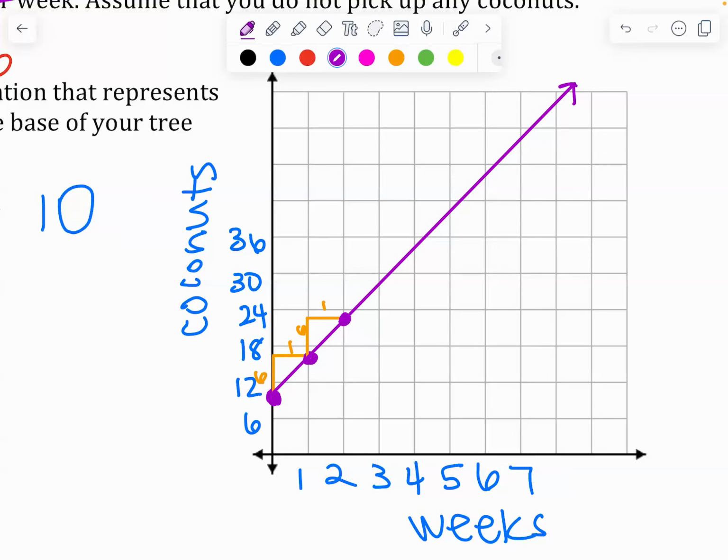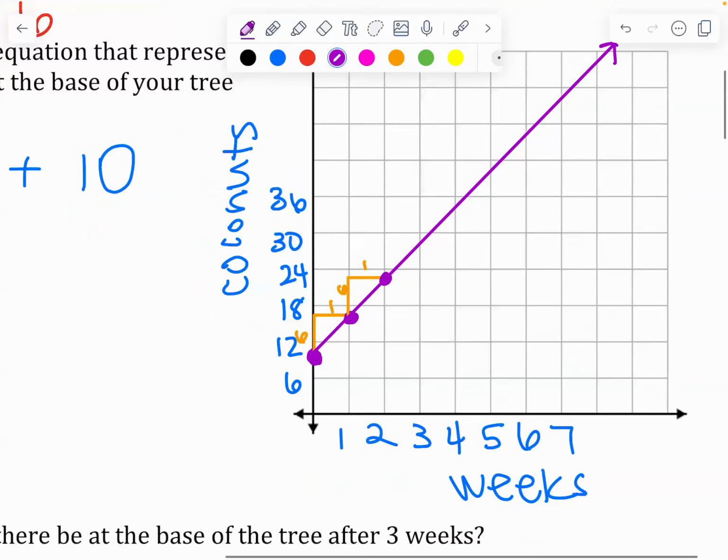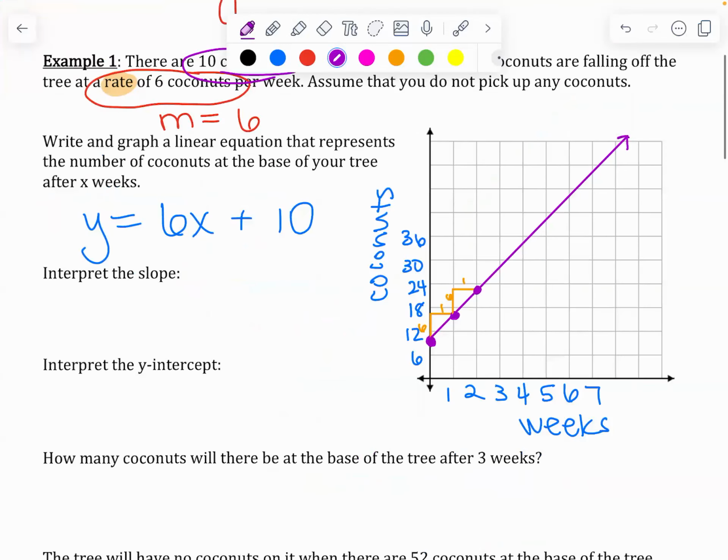After 3 weeks, it looks like I'm gonna have not quite 30, maybe 28 coconuts. Or we can say, ooh, I'm gonna have 24 coconuts after 2 weeks. A little bit after 2 weeks. Okay. Now let's talk about what the slope means.